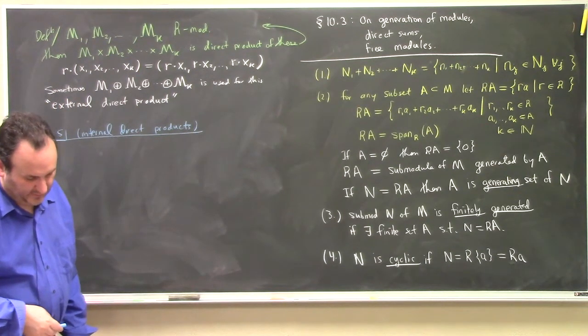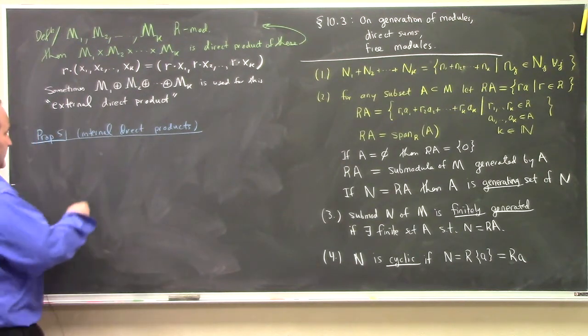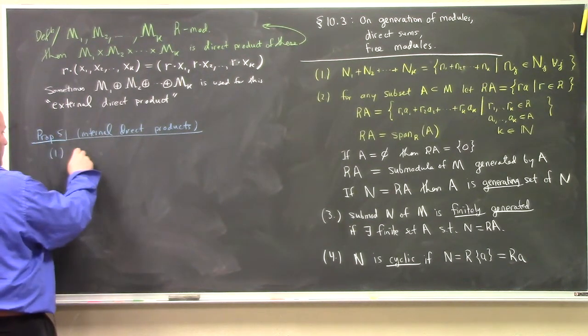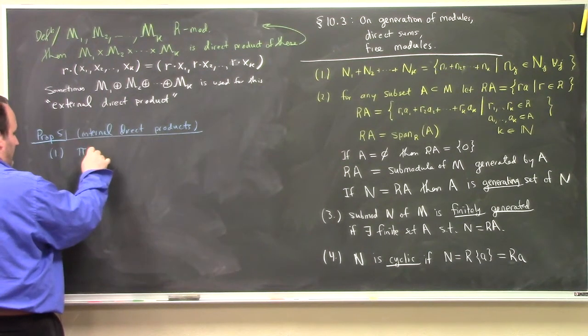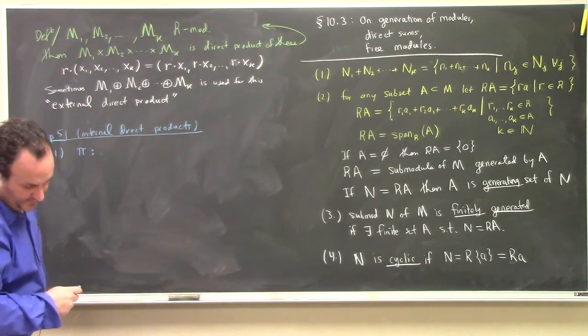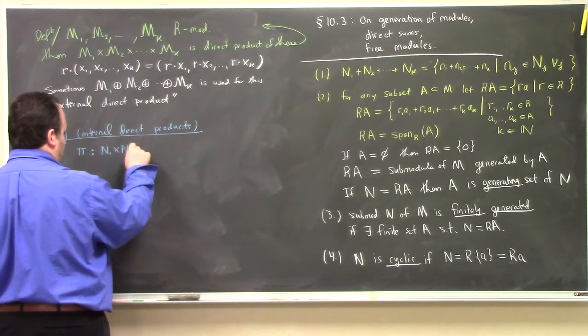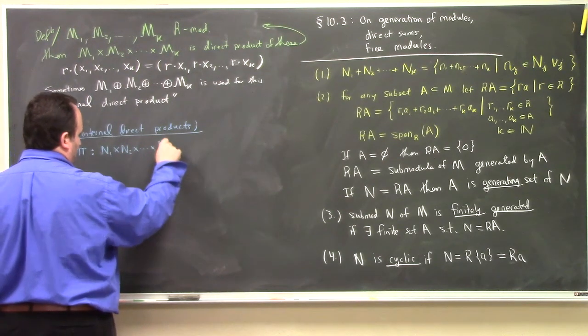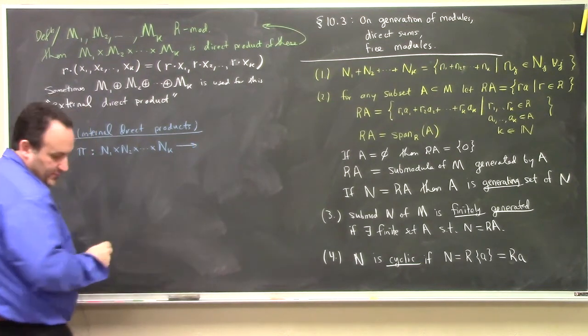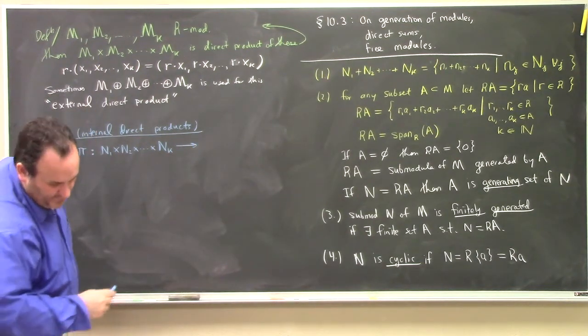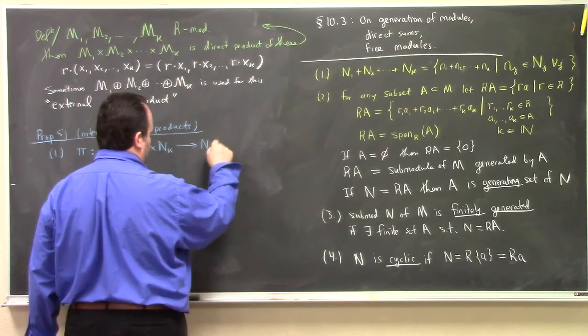So the following are equivalent. So one is you have a mapping pi, all right, from N1 cross N2 cross ... cross NK into N1 plus ... the sum of these.